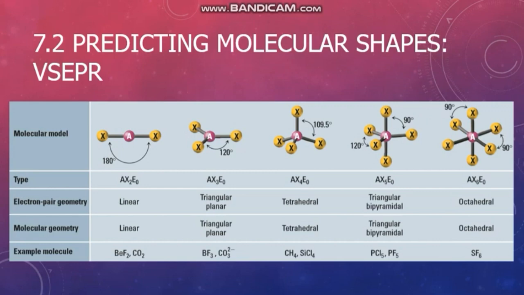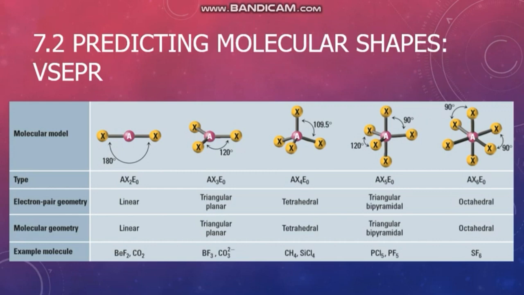So let's look at other shapes or geometries that there can be in a molecule. We all saw the linear geometry. Next is if we have a central atom and three terminal atoms.